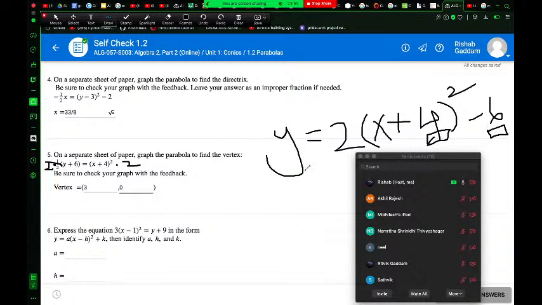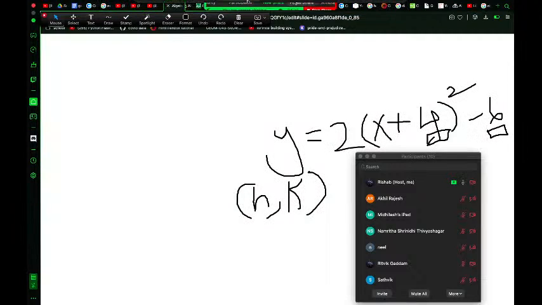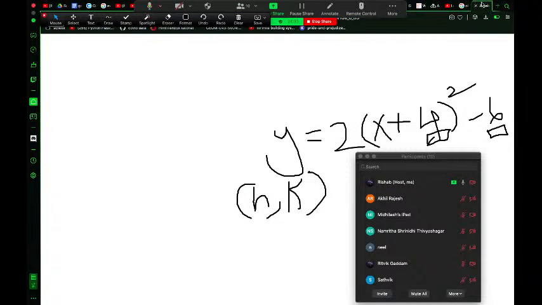If you remember from yesterday, the vertex is h, comma, k for both vertical and horizontal parabolas. So we can type our answer in, which is -4, -6. I think we're going to have to review what we learned yesterday a little bit.